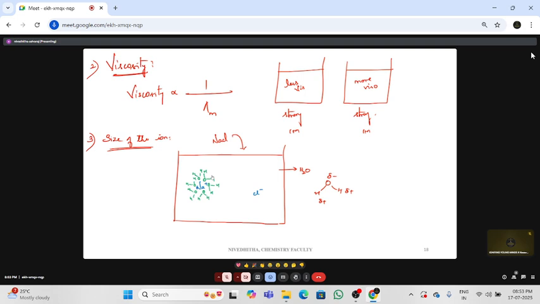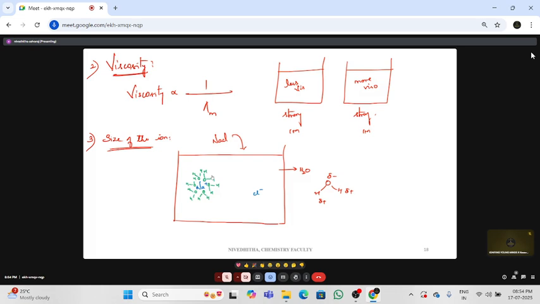See, this is called solvent cage. Na plus is attracting the solvent molecule because of electrostatic force of attraction. So this Na plus is a positively charged species, so it will attract the negatively charged oxygen, which is from water. So this Na plus will be surrounded by a lot of water molecules.